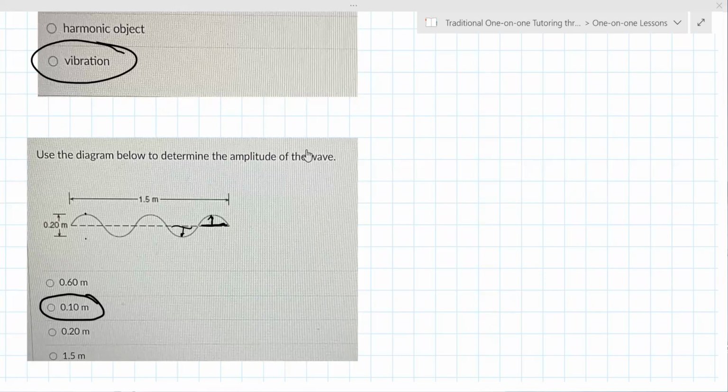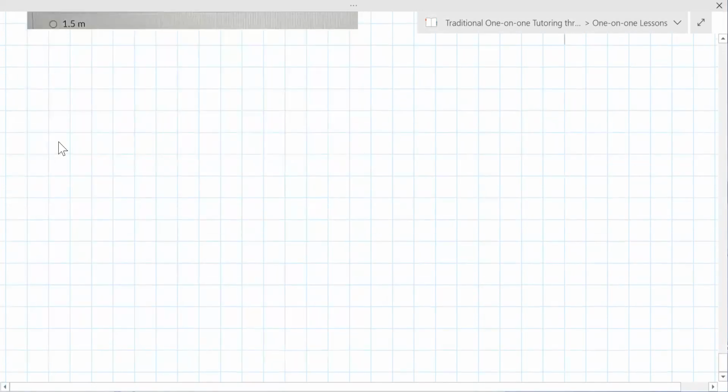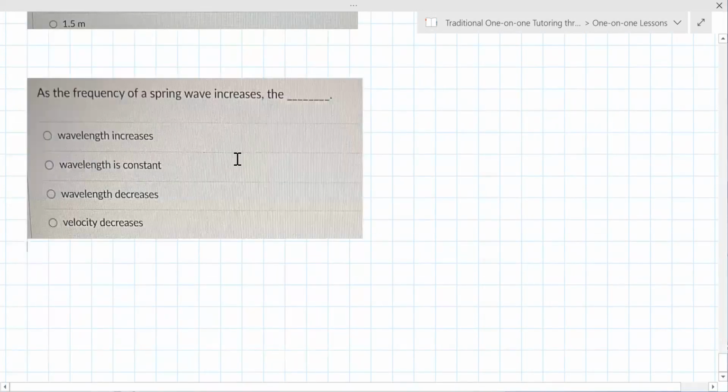So next we have a question on frequency of a spring wave. As the frequency of a spring wave increases, so frequency is going up, what we need is something that has to do with wavelength, probably not velocity.